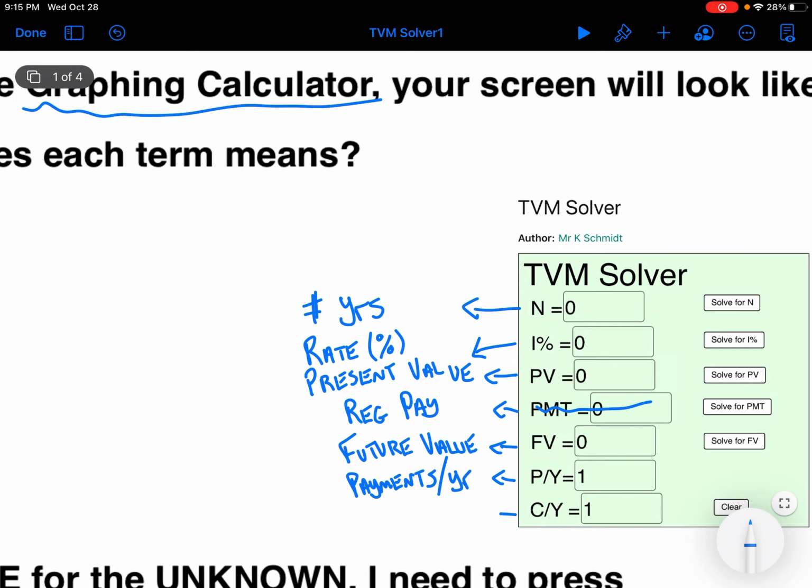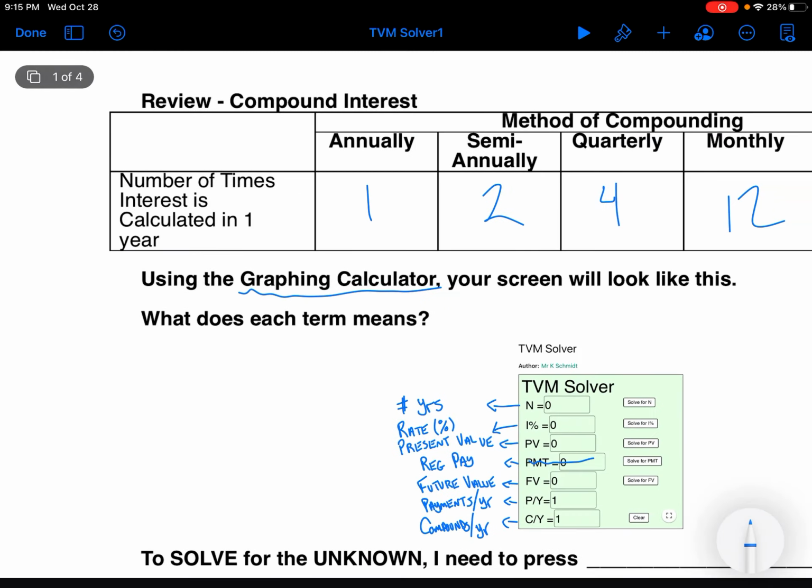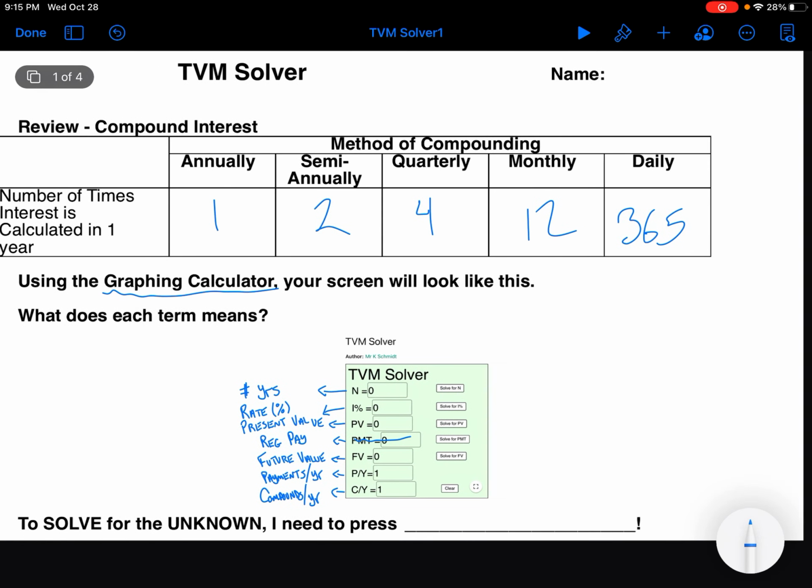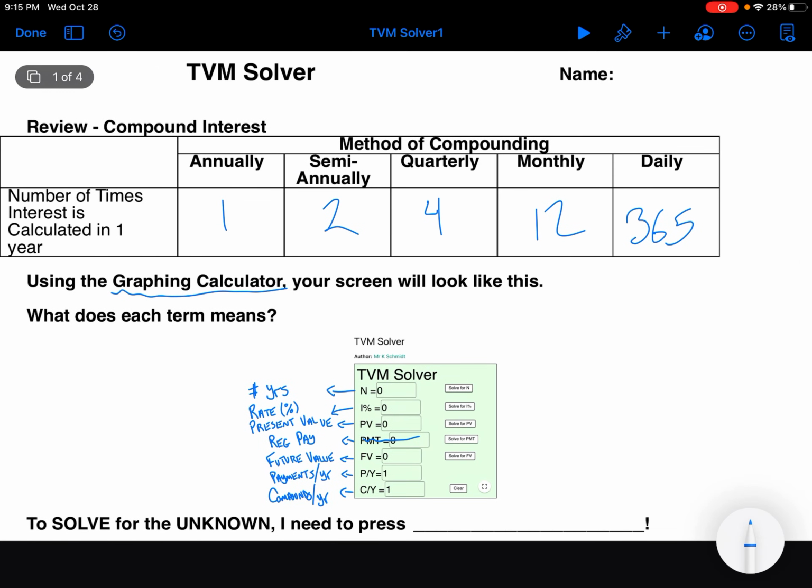For us, we're just going to leave that. And C/Y is compounds per year, so we're going to change that with our compounding period. All I need to do to find my unknown is push the solve button beside it.